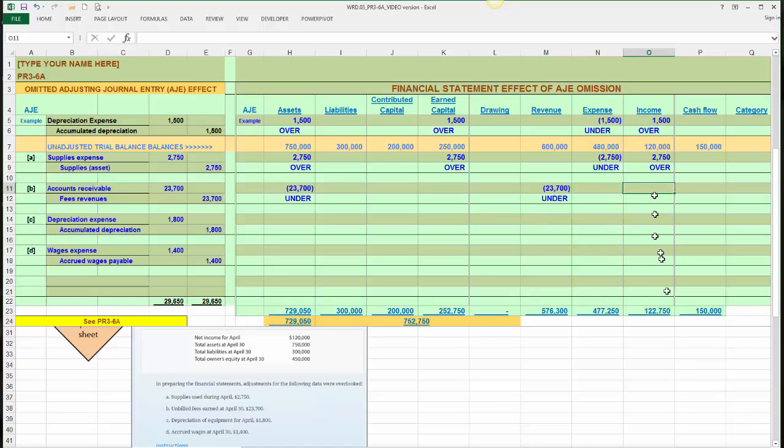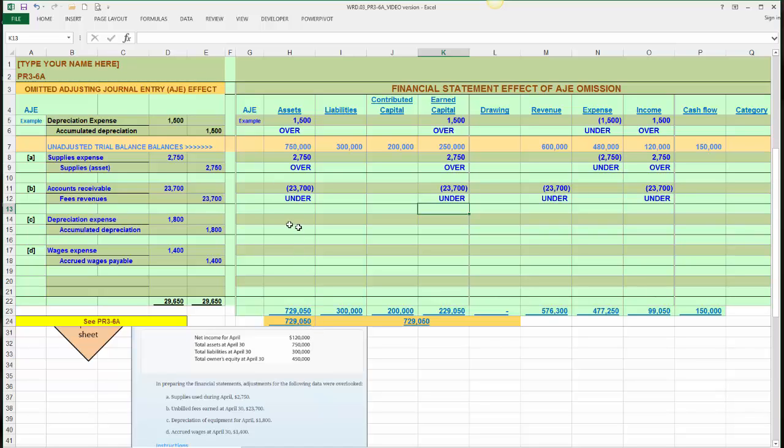If we understate our revenue, we would have understated the income, and income is part of earned capital, so also we would have understated earned capital. The balance sheet balances, so we are completed with transaction 2.